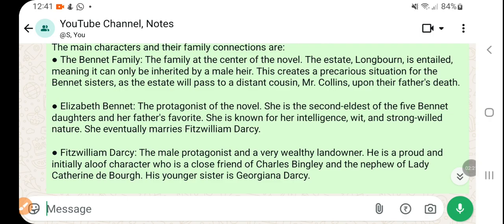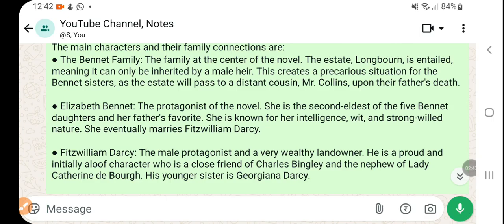That is because in the Bennet family no male child is there, and that is why the property will be inherited by a male heir. This creates a precarious situation for the Bennet sisters, as the estate will pass to a distant cousin.